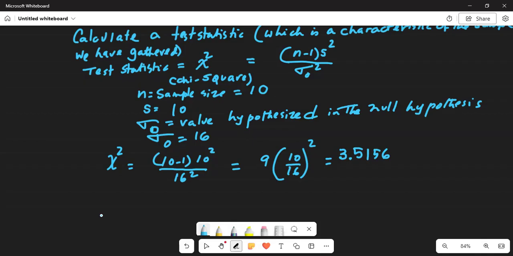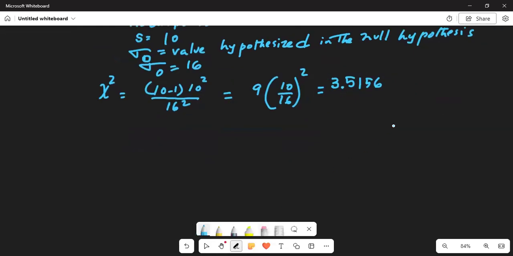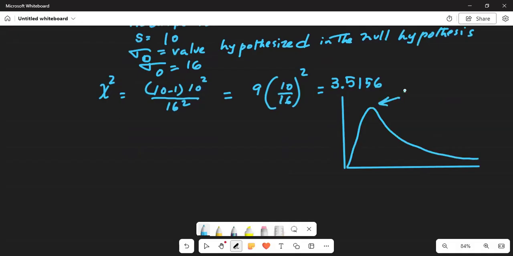So remember, this is a left-tailed test, because it's less than. So basically, if I draw the chi-square distribution, this is your chi-square distribution. For degrees of freedom, df is equal to n minus 1, which is 10 minus 1, which is 9.